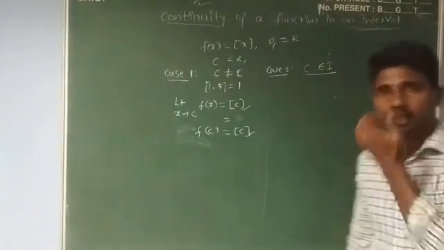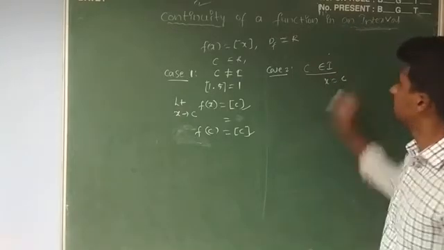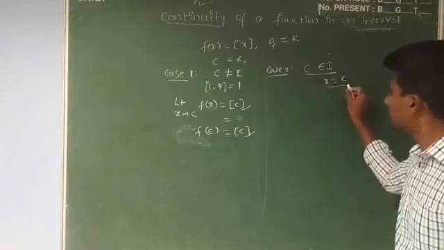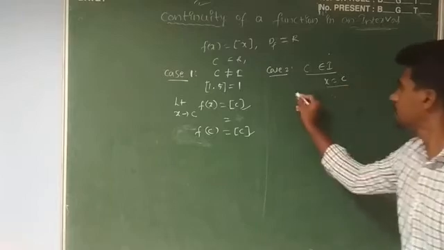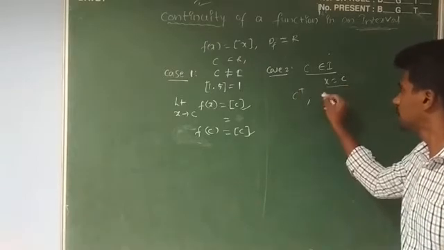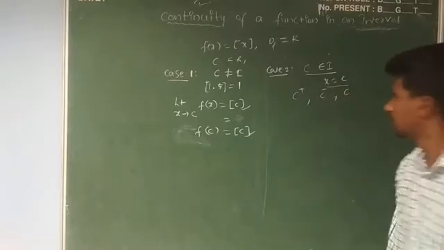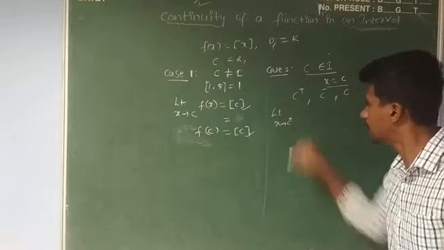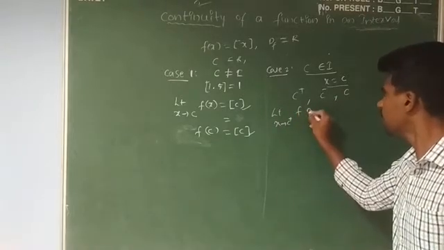If it is an integer, let x be equal to some integer c. Now we get three subdivisions: c plus, c minus, and exactly c. So let me check. Limit x tending to c plus of f of x.